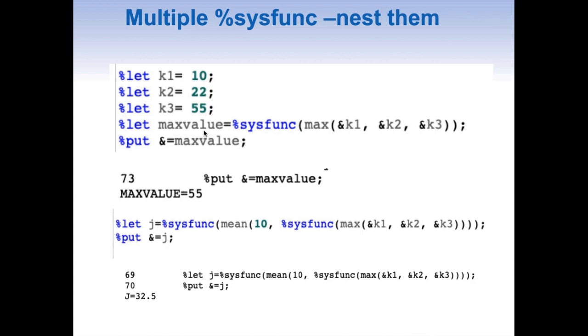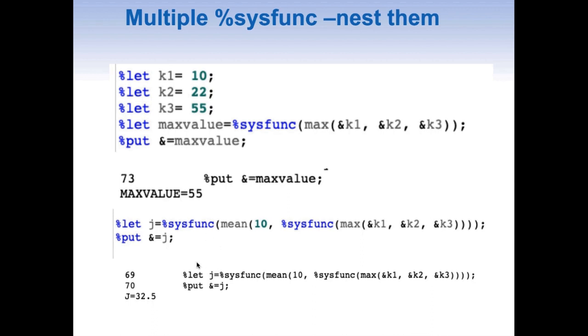This we have seen before. As we can find our max value by using %sysfunc and the max function of datastep, doing a mean is also super simple. All we need to do is modify very little.